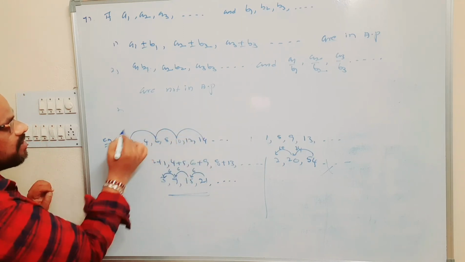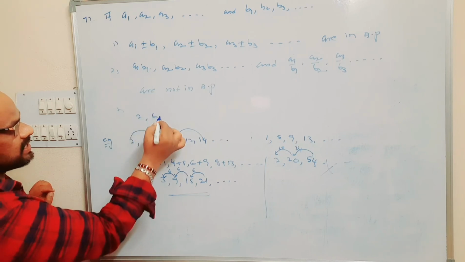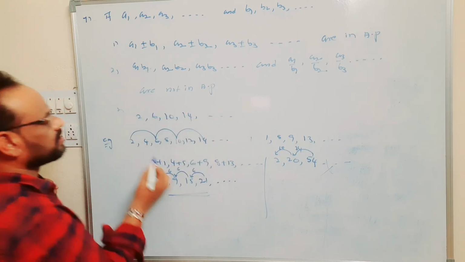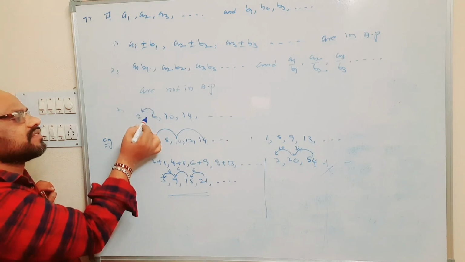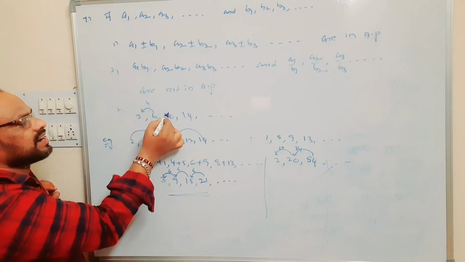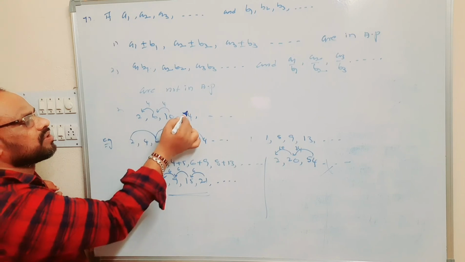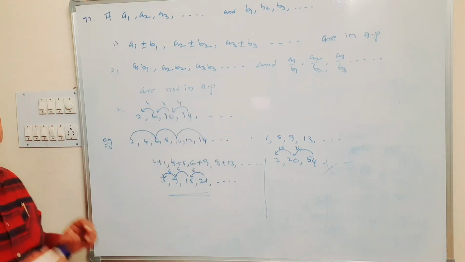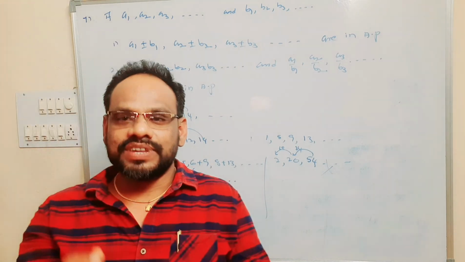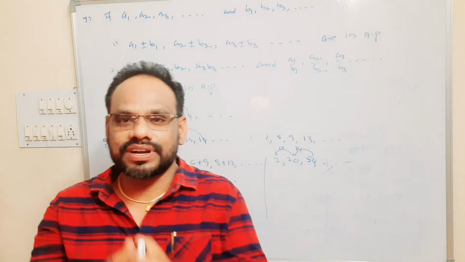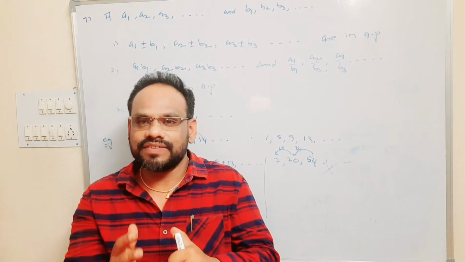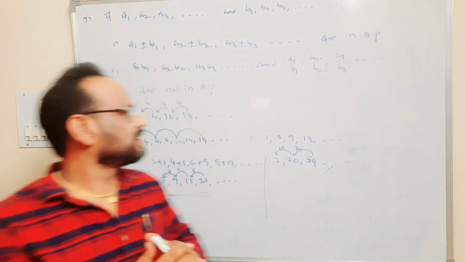That means it forms 2, 6, 10, 14 and so on. Here 6 minus 2, the common difference, is nothing but 4, 10 minus 6 is nothing but 4, 14 minus 10 is nothing but 4 and so on. It will also be in arithmetic progression. That means if the terms of an arithmetic progression are chosen at regular intervals, then it will also form an arithmetic progression.